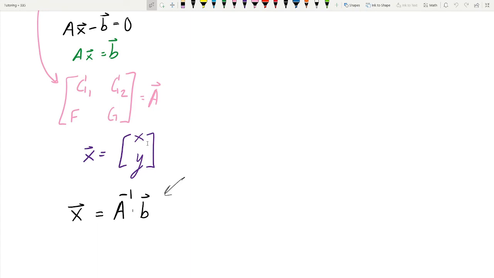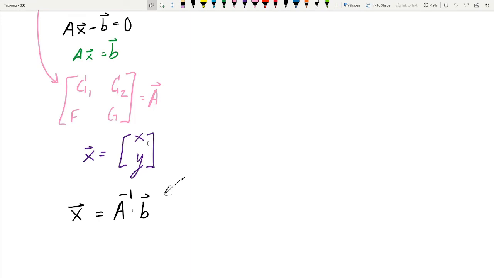So I'm not going to go over how to invert a matrix because that would be a lot of math to do by hand. Instead, I'm just going to show you how to work in MATLAB to do this for you because it'll be a lot easier.